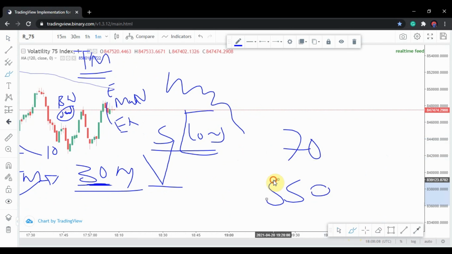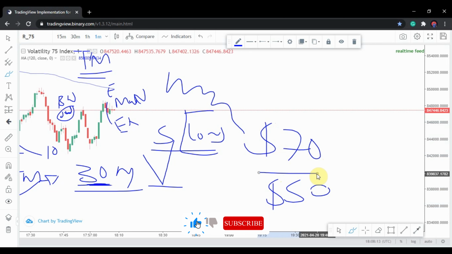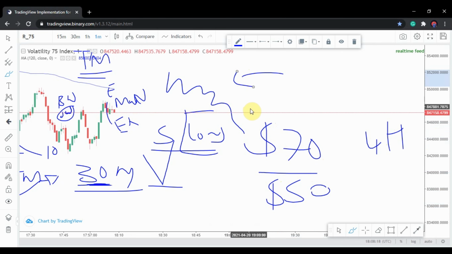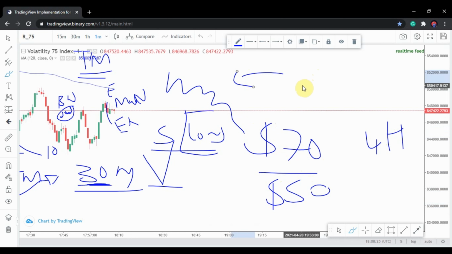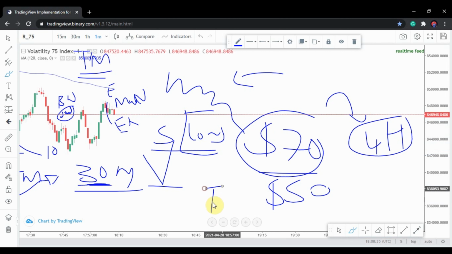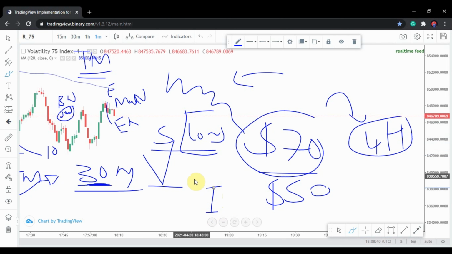Because of this capital, it really doesn't qualify us to trade the 4 hour in this synthetic index market, unless maybe you're trading some indices like V100, which will not take much from your account. But with such money, you don't qualify to take a decision based on the 4 hour, because one candle on the 4 hour might move a very large number of pips or points, yet one candle here cannot take that much.